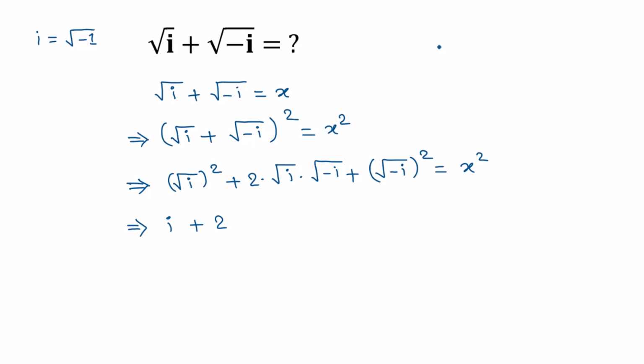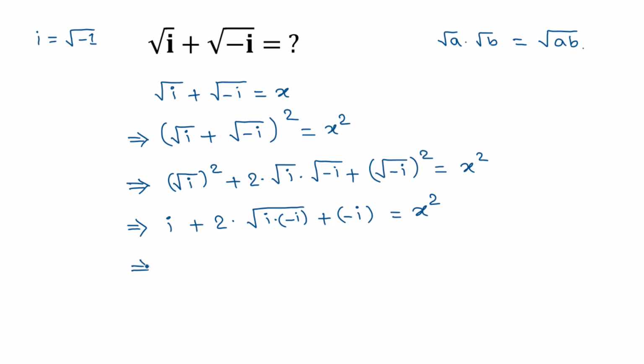Applying the formula square root of a times square root of b is equal to square root of a times b, we can write square root of i times negative i, plus here the square root and square will cancel and it will be negative i. So negative i is equal to the right side, x square.